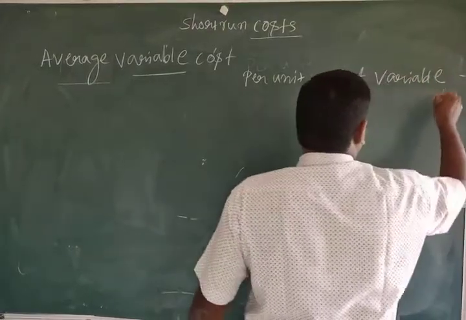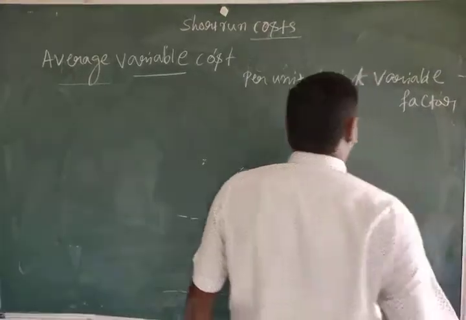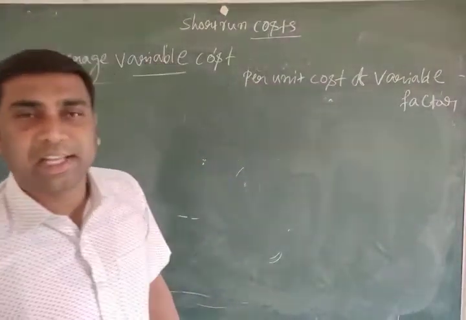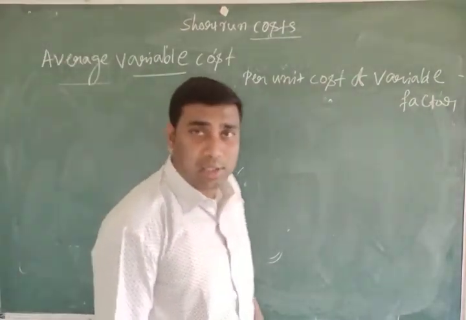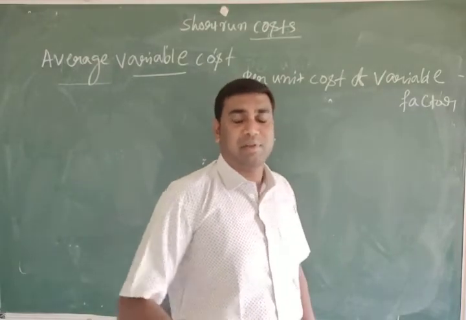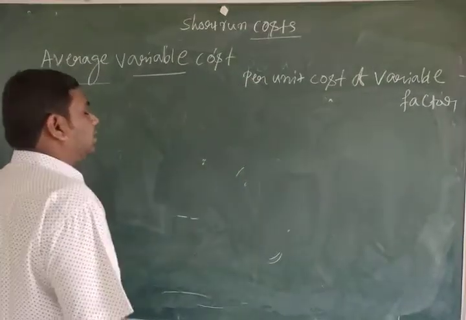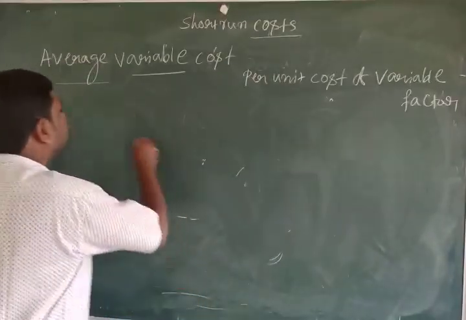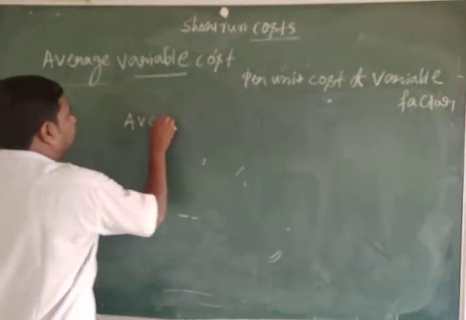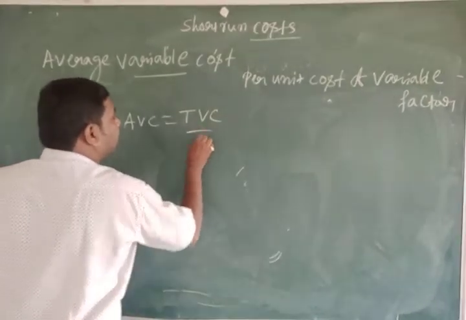Previously that was on fixed factor, so this is the variable factor. How much are we expensing on each variable factor to produce a commodity? To identify that, there is a formula. So that is average variable cost. The formula is AVC equals TVC divided by Q.